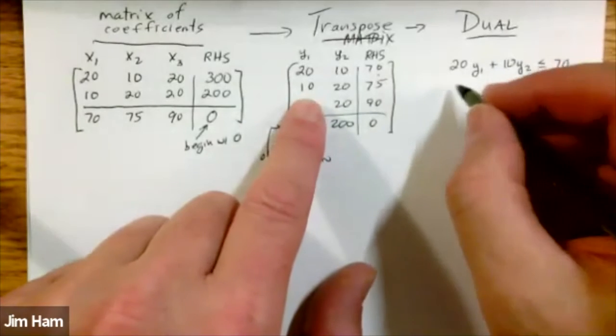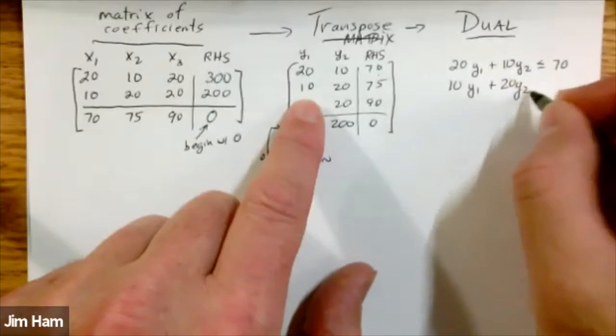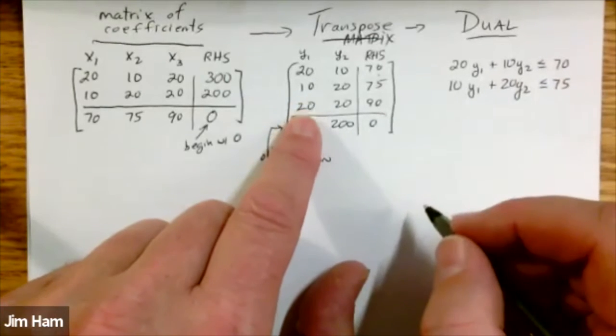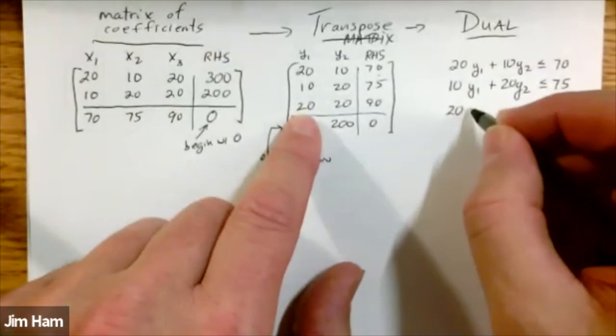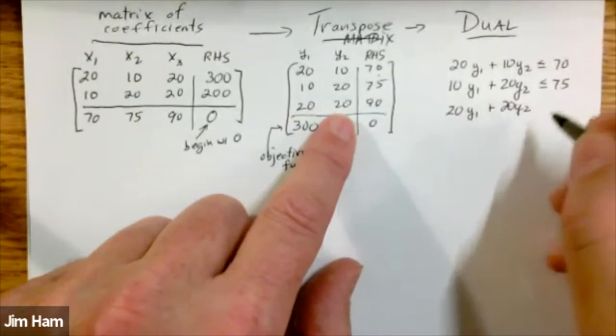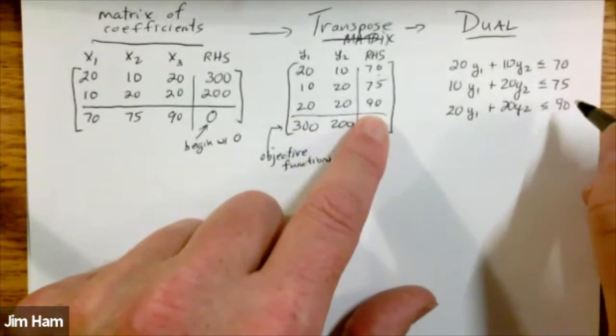The next row, 10y1 plus 20y2 is less than or equal to 75. This one, since we have another row before we get to the objective function, this third row is also a constraint. 20y1 plus 20y2 less than or equal to 90.